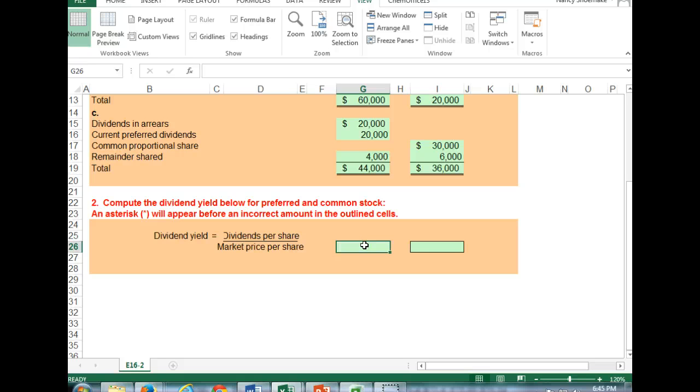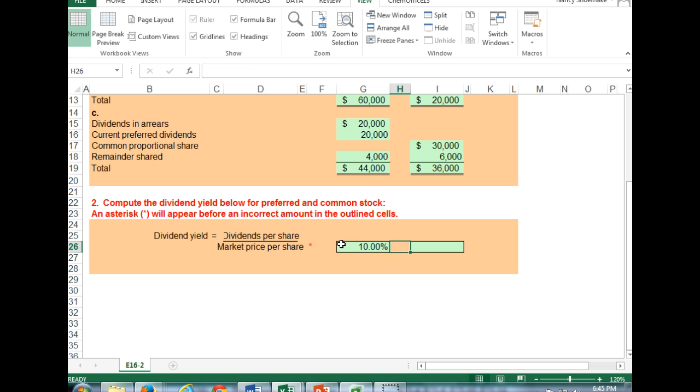So how are we going to handle this one, guys? What is the preferred stock? 20,000 divided by 2,000, right?